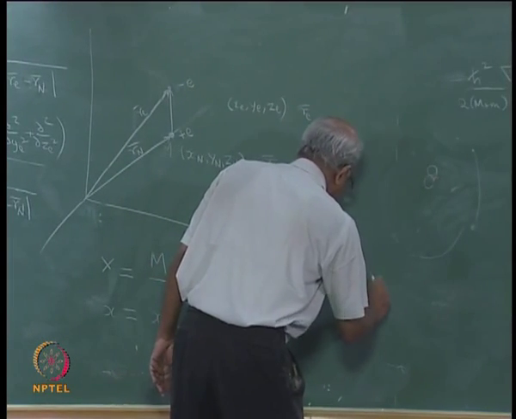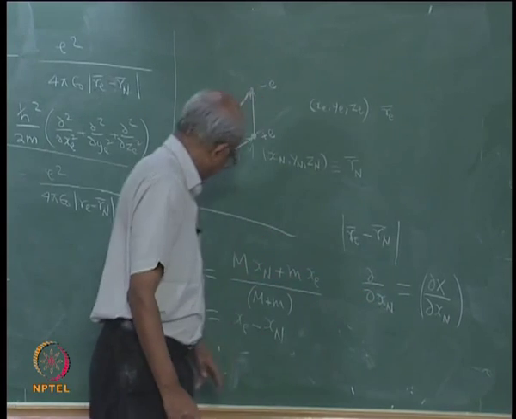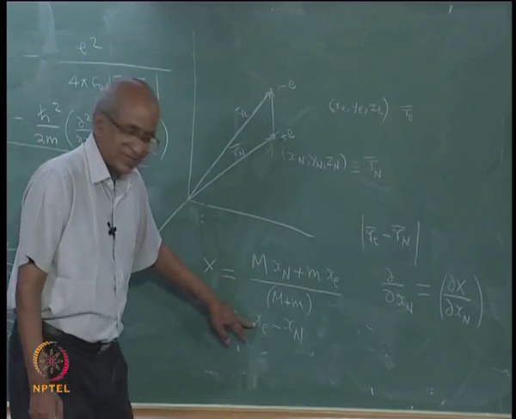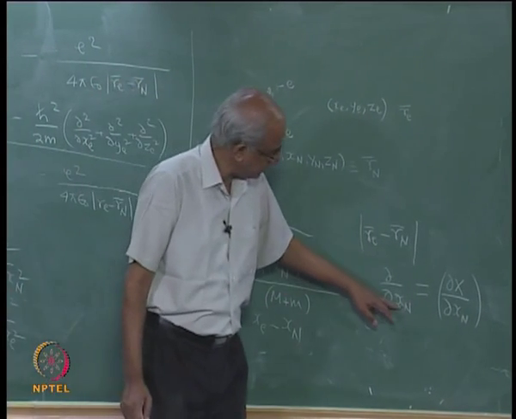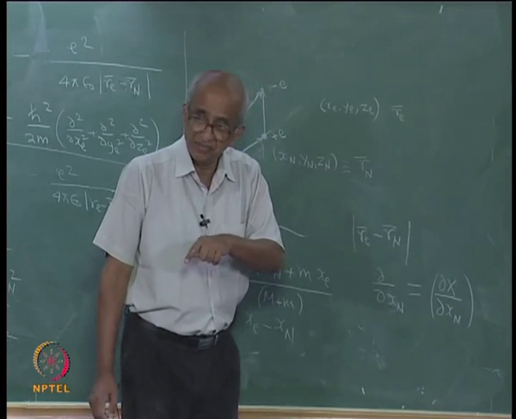Let me be very clear. The original variables were x n and x e. So, partial differentiation with respect to x n means that I am keeping x e constant.